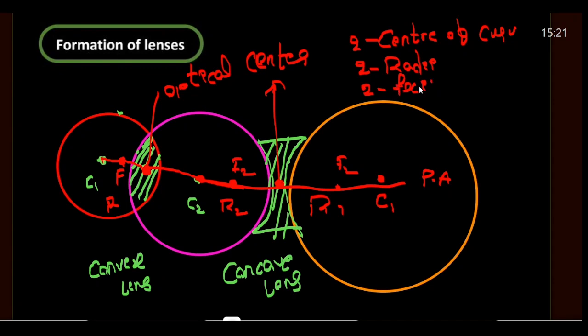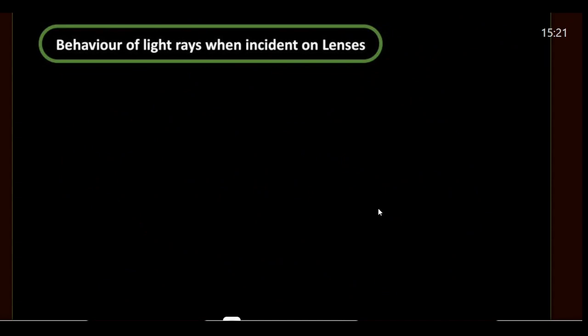So that is why we can say we have two focal lengths and two focus points. So this is about the formation of lenses. And now we are going to discuss the behavior of light rays when incident on a concave lens and also a convex lens.